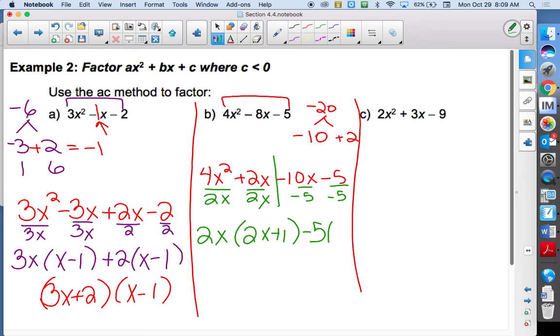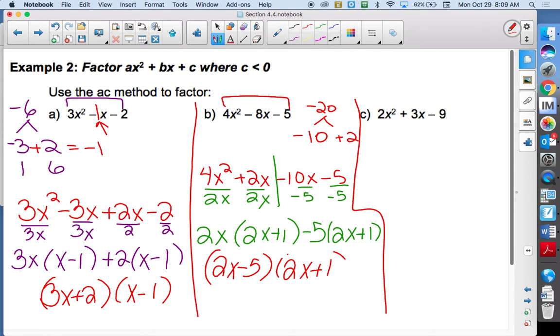And then in parentheses there, Abby, would be 2x plus 1. Nice. And then the last thing is to just pull those pieces together. So Abby, your final answer looks like 2x minus 5 times 2x plus 1. Very nice. Questions?